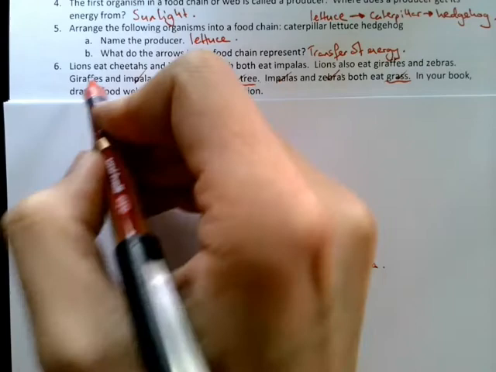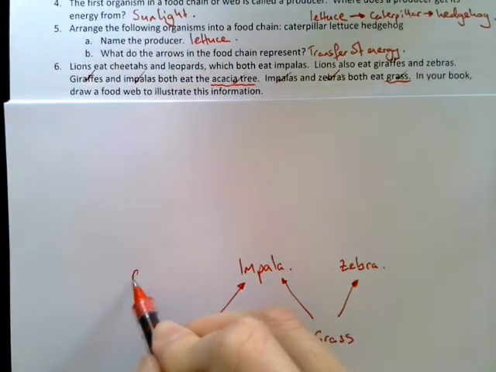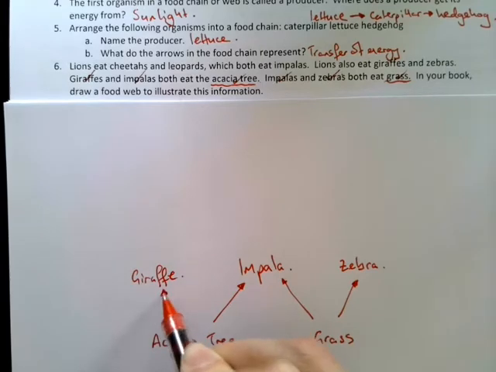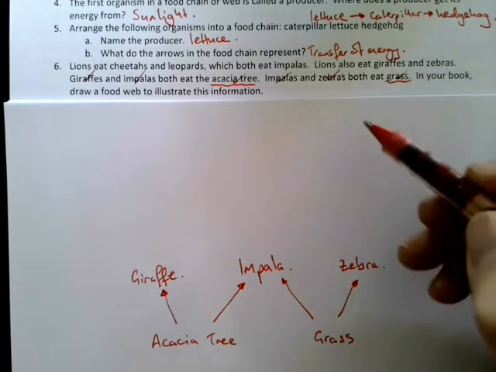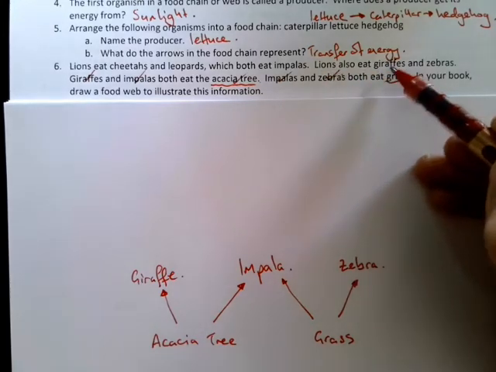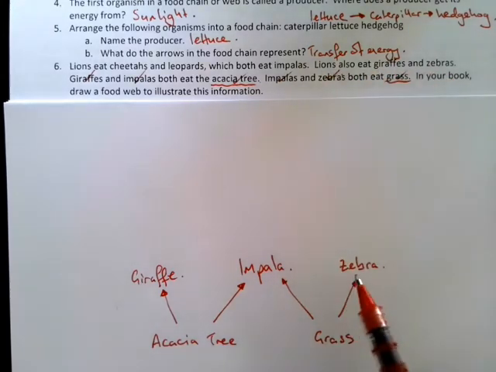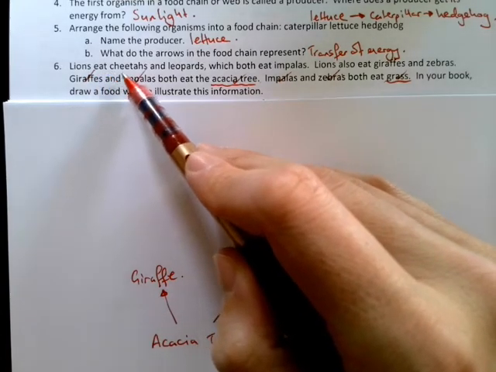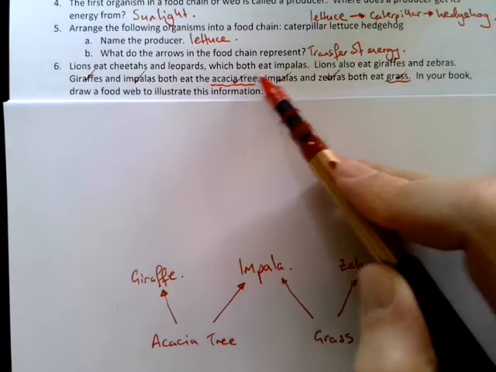And my giraffes eat the acacia tree, so I can put giraffe over here. Right. Now I've got lions eat giraffes and zebras, so it's going to get a bit complicated. And lions eat cheetahs and leopards, which both eat impalas.